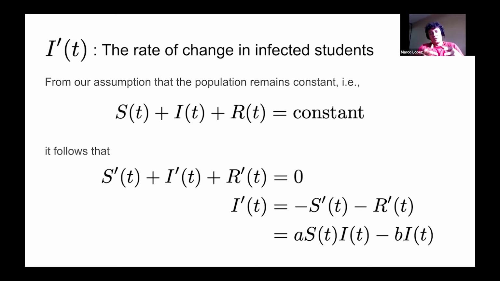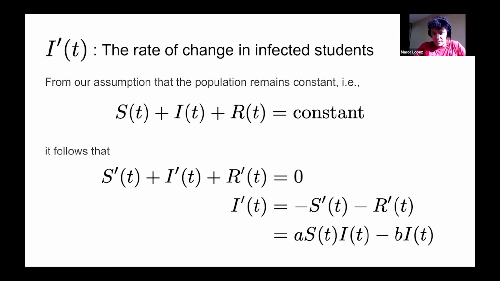And then what's left is the infected population. At this point we don't have to think too hard about this one because we can use our assumption that S plus I plus R is constant, right? So we can solve for I prime in terms of S prime and R prime. And since we already thought about S prime and R prime, we can simply write down what I prime is.